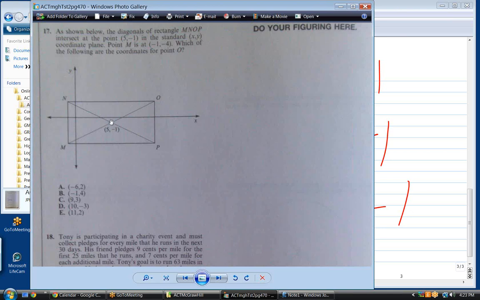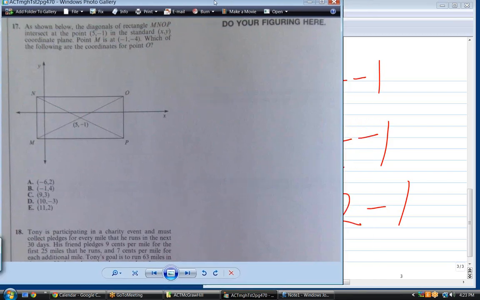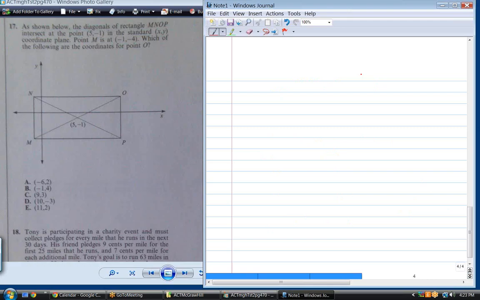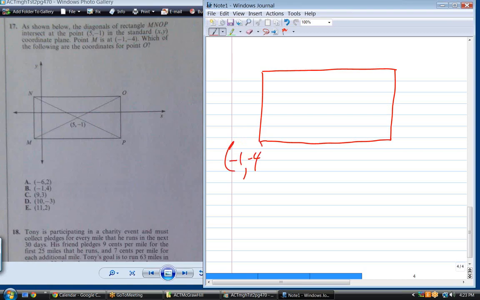And point M is at -1, -4. So they want to know what are the coordinates of O. So M is -1, -4. So it would be 11, 2.